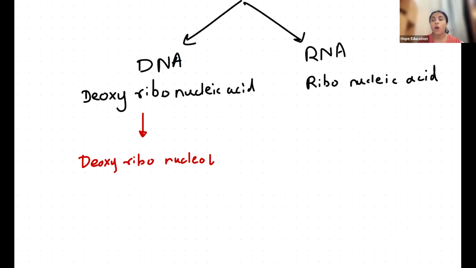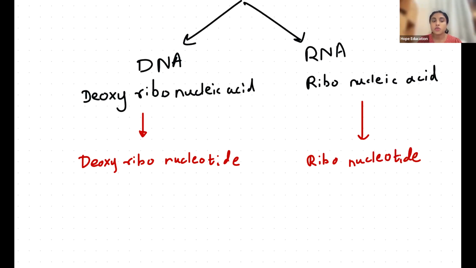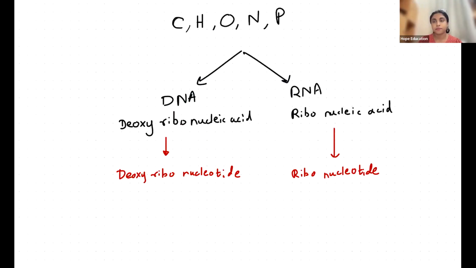All nucleic acids are made up of nucleotides. Deoxyribonucleic acid is made up of deoxyribonucleotide, and ribonucleic acid is made up of ribonucleotide. These structures you don't need to know, that is too complicated, but you just need to have an idea only.